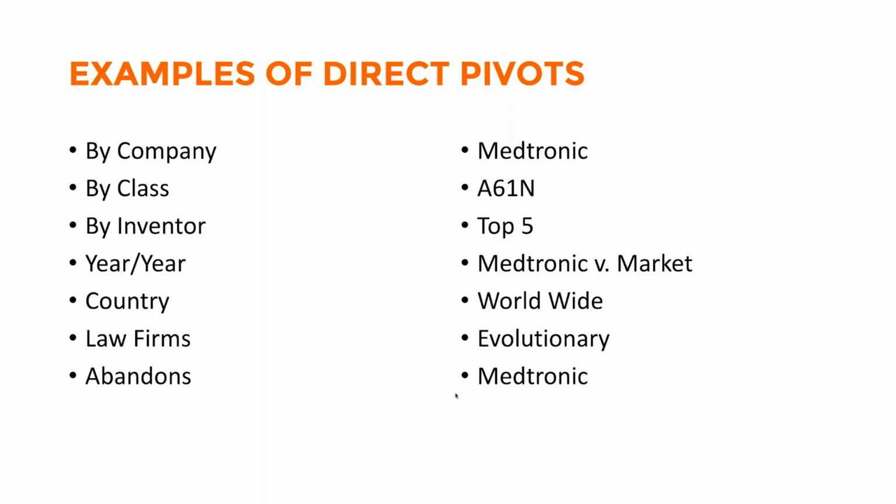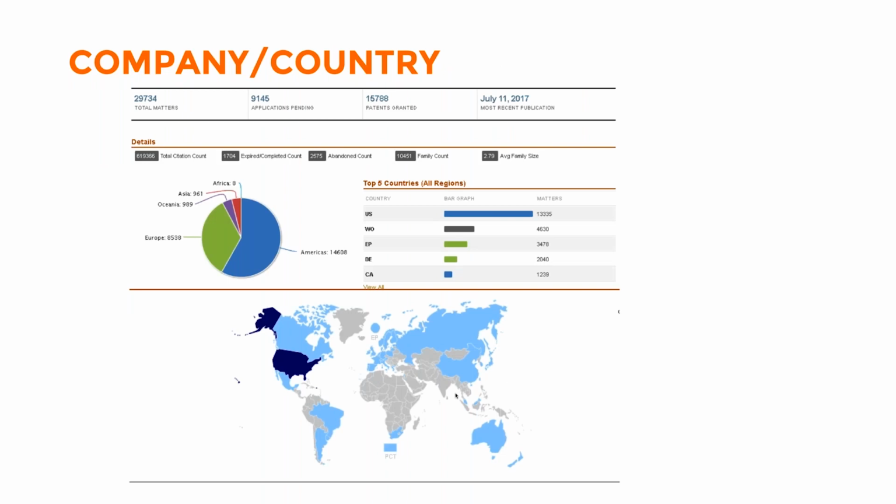Without further ado, we'll step into some examples and talk about how we might think about looking at this. So this is the worldwide Medtronic portfolio, and the tool that I use is the dashboard here. We have a total count of matters up at the top here. We have a general count of the applications, all just counts.